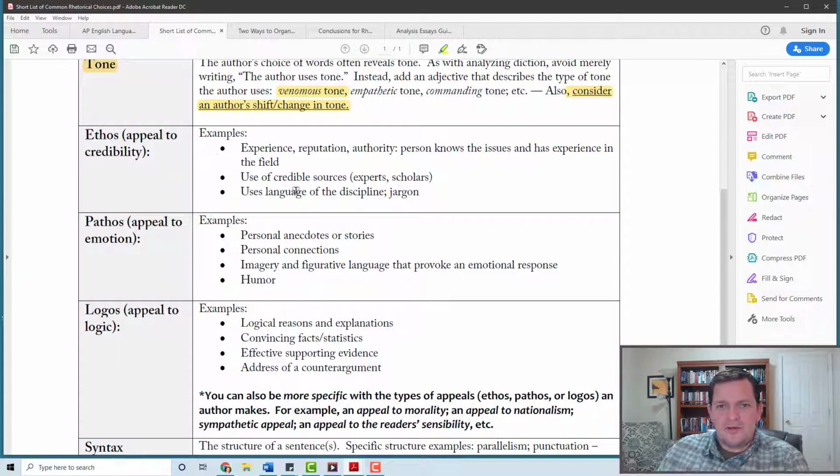Be specific, okay? So what establishes the author's credibility? Do they give stories from their own experience? Do they talk about what they do? Perhaps even it is their diction that establishes their credibility. If they are very careful in their use of words, that can establish their credibility.